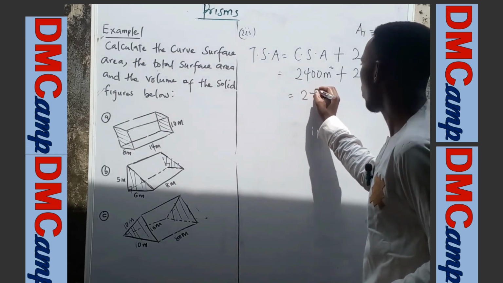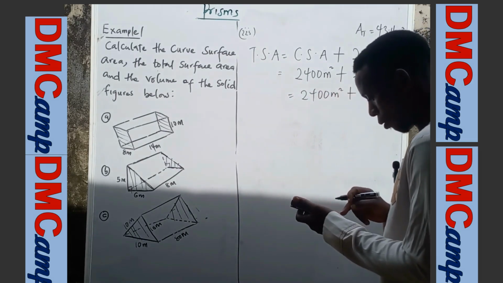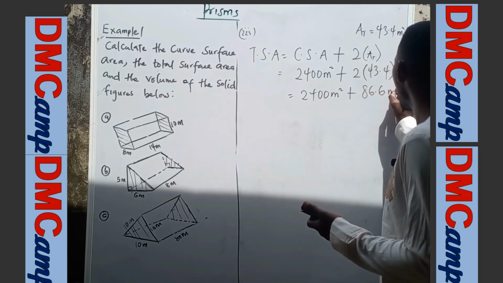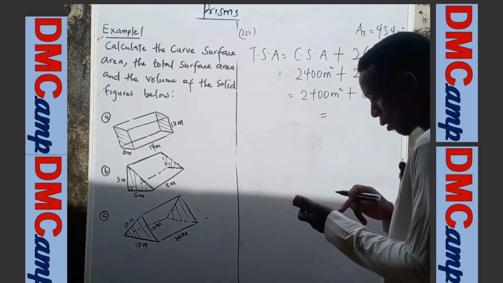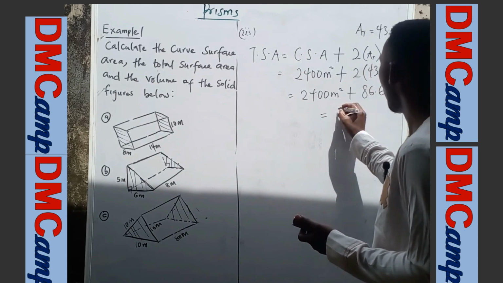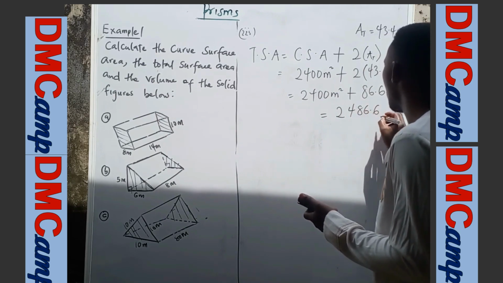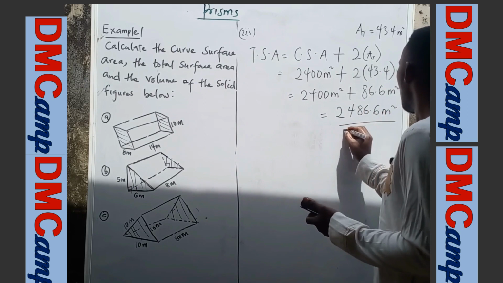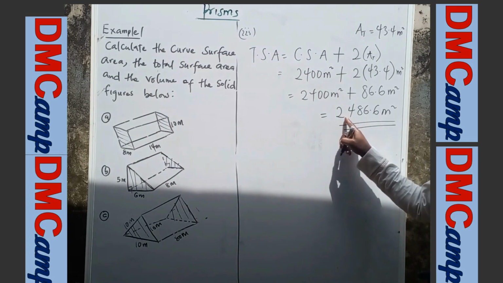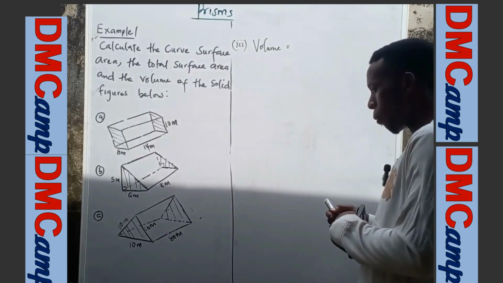So we are going to have 2,400 meter square plus 86.6 meter square. Adding the two together, here we have 2,486.6 meter square. So the total surface area of this shape is equal to 2,486.6 meter square.